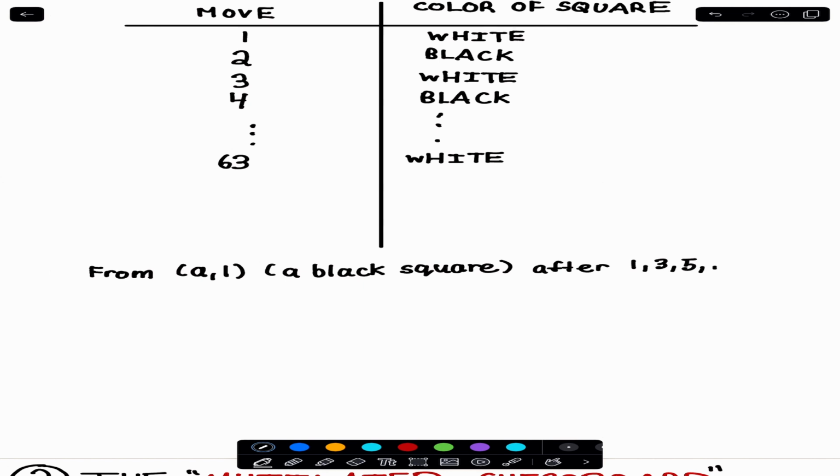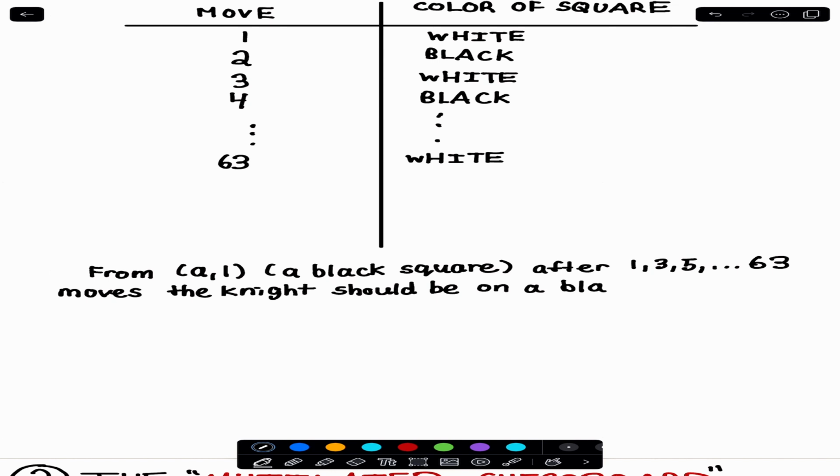After these many moves, the knight should be on a white square.